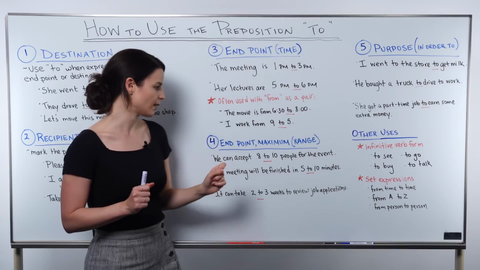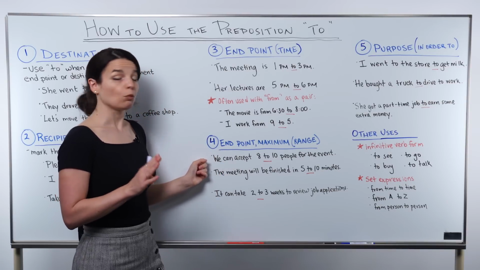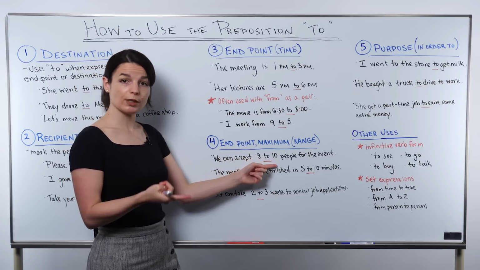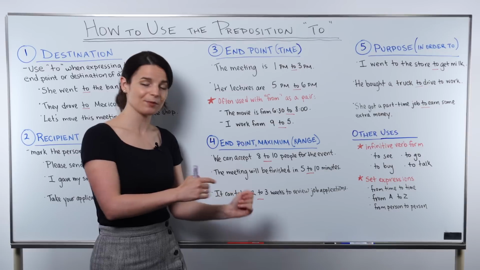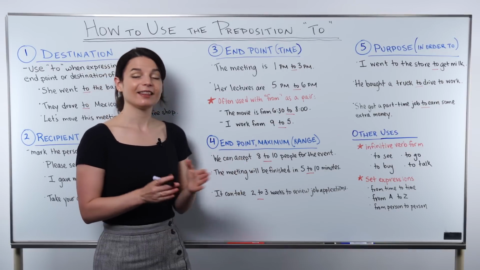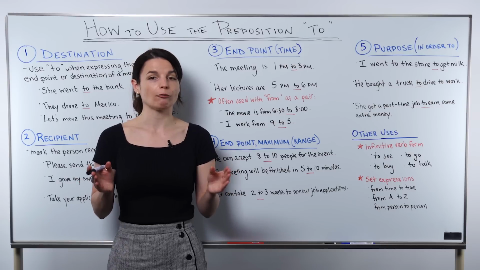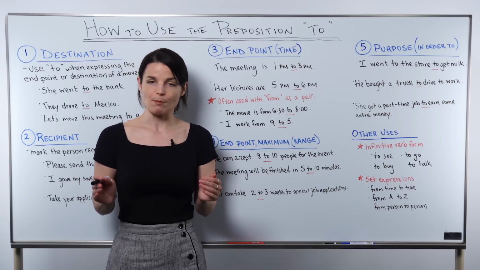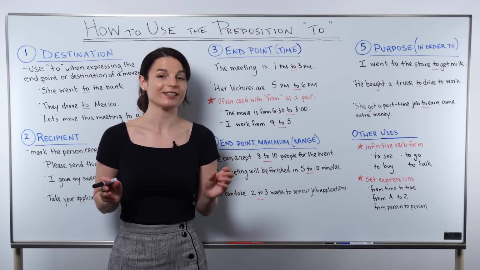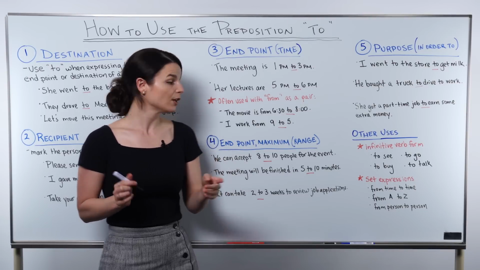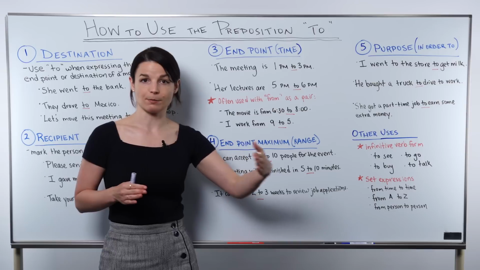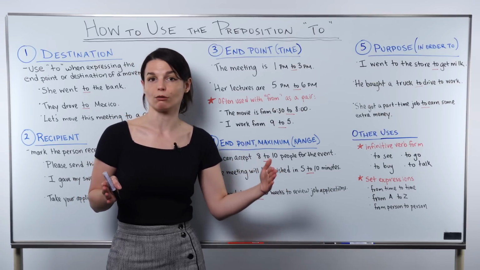So let's look at these examples. First, we can accept 8 to 10 people for the event. 8 to 10. This gives us a range of possible people. So minimum is 8 people, maximum is 10 people. Inside this range is acceptable for us. So "to" marks the maximum in this case, the maximum in our range.